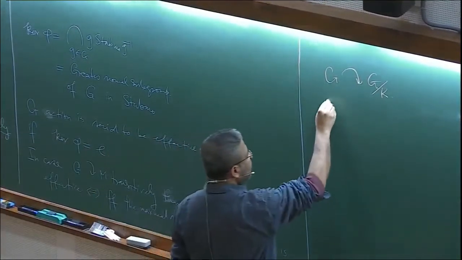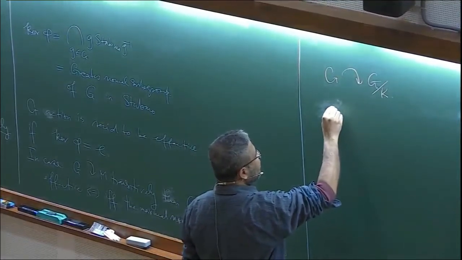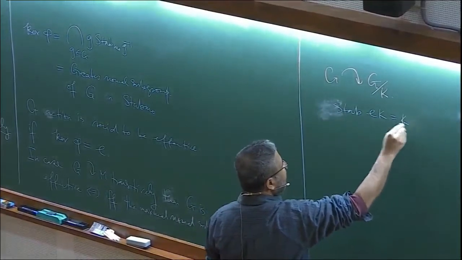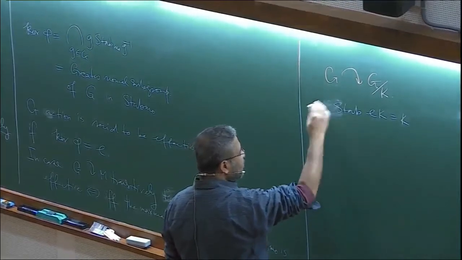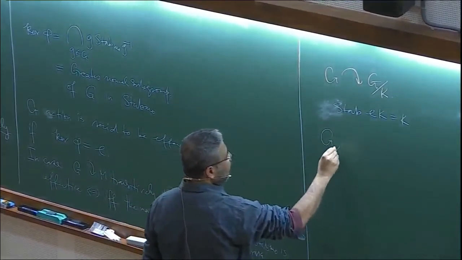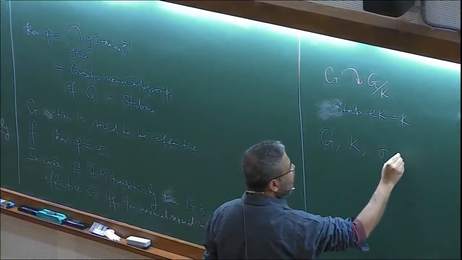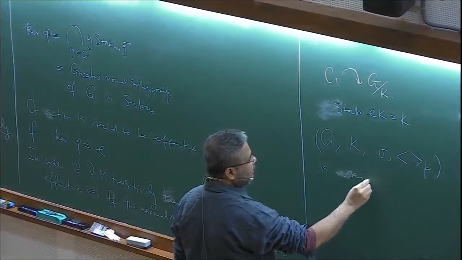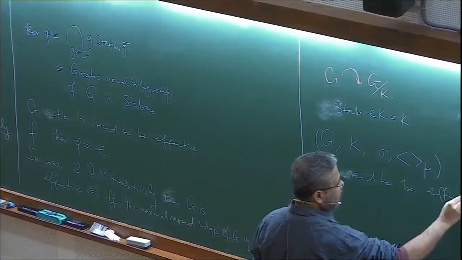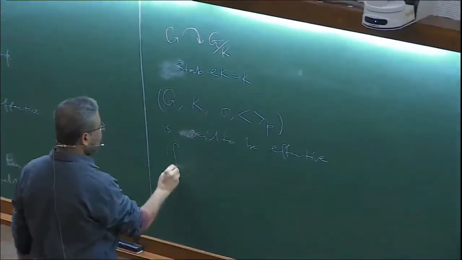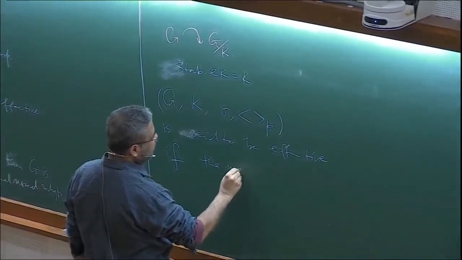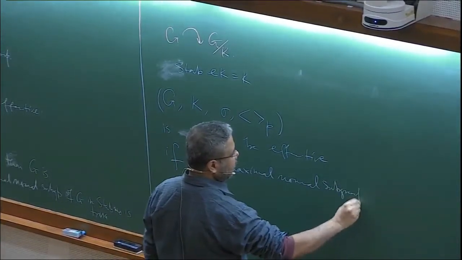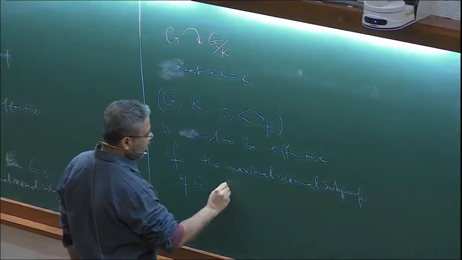Okay. So in our case, we have a situation where G is acting effectively, and the kernel of this action is precisely the stabilizer of eK, which is K. So the Riemannian symmetric pair (G, K, sigma) is said to be effective if the maximal normal subgroup of G in K is trivial.